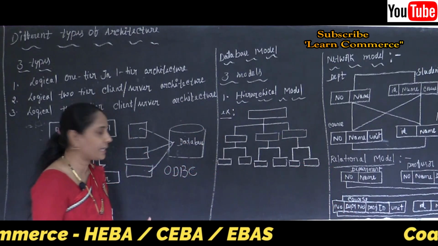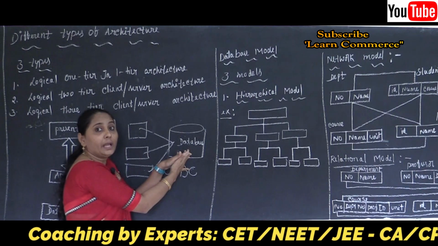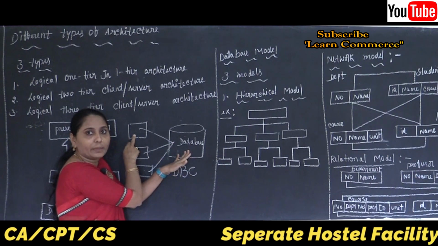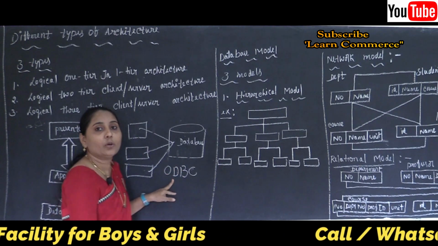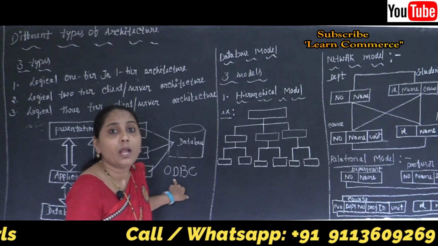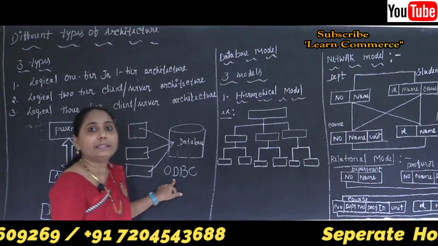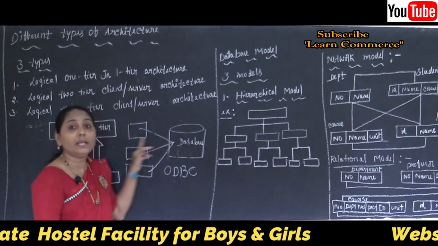That means in this case, to access any data from the database, each client program, each computer needs to use some interface. The interface is called the ODBC. The ODBC full form is Open Database Connectivity. Clear this point? And that allows the client side program to call the DBMS.